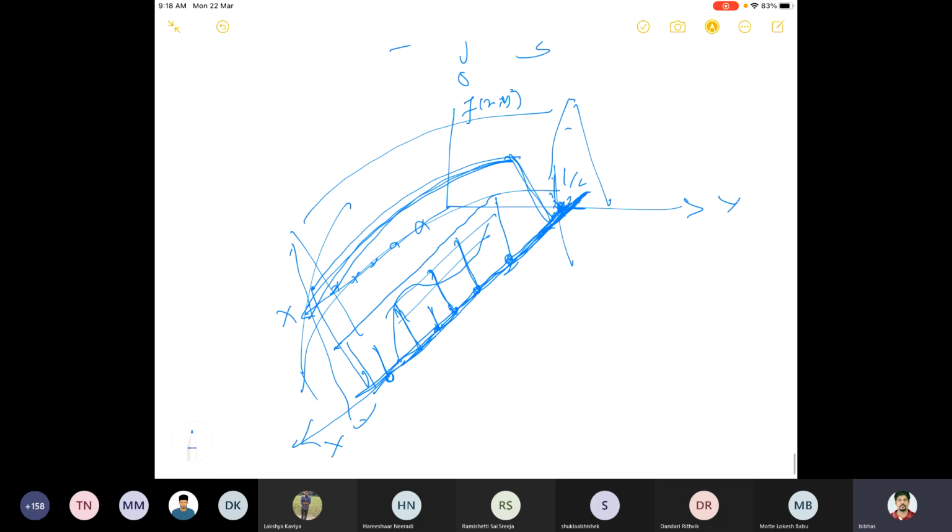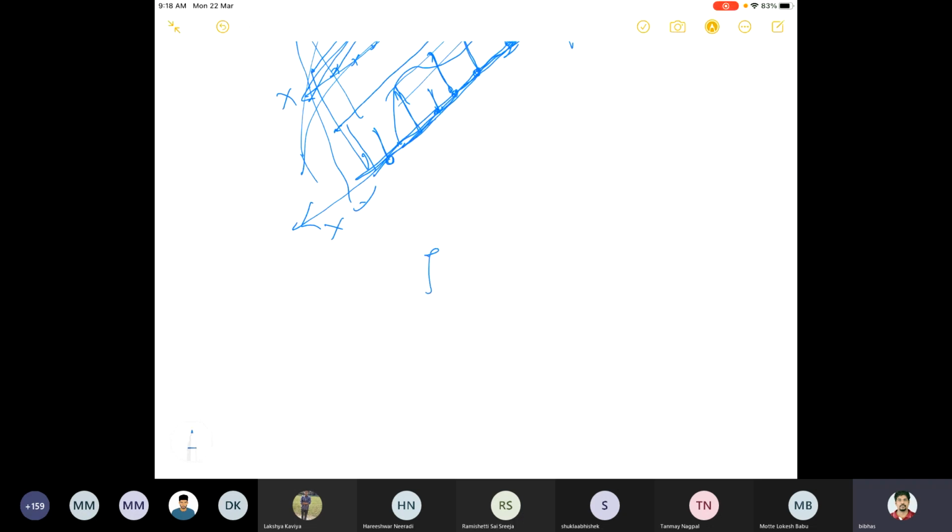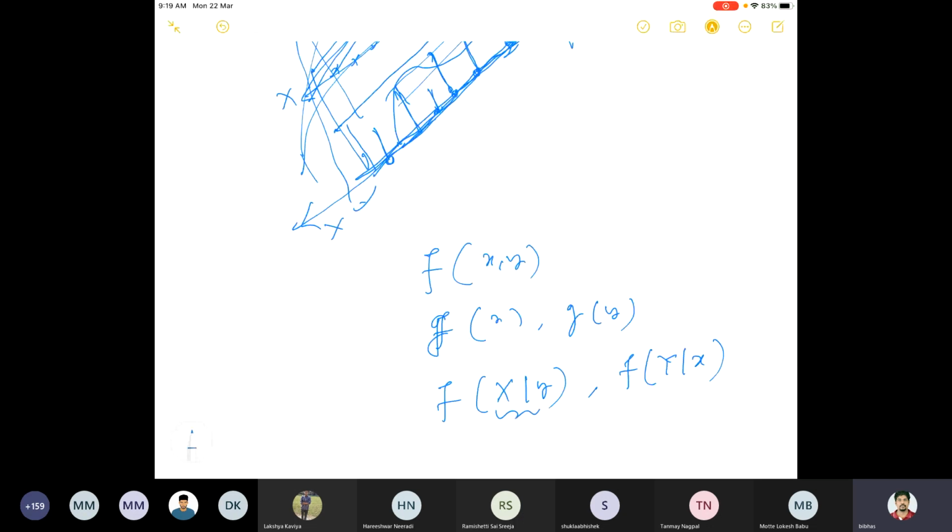So basically what we are doing: we first talked about f of xy, then talked about, let's say, gx and gy, and then we talked about f of x given some y, or let's say y given some x. So this is entirely a random variable for a given y.